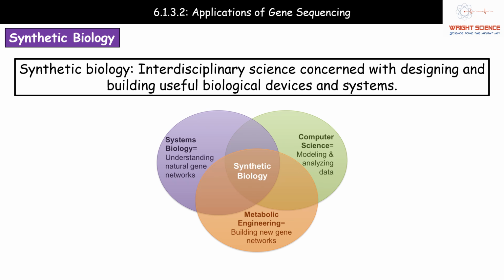Systems biology, understanding natural gene networks. And something that we may not think about in biology too much, computer science. And that's obviously looking at different data and how we can model and analyze it. And all of those different aspects come together in this field of synthetic biology, because we're going to be utilizing different aspects from those 3 different strands to be able to then come up with useful biological devices and systems for our everyday lives.